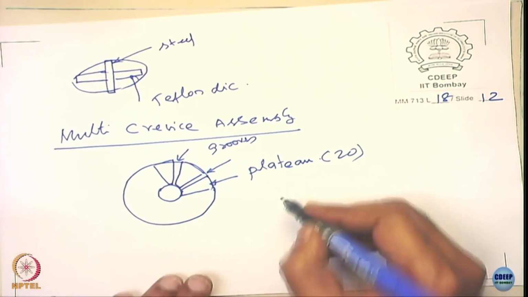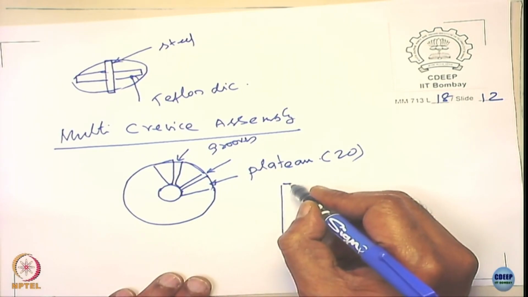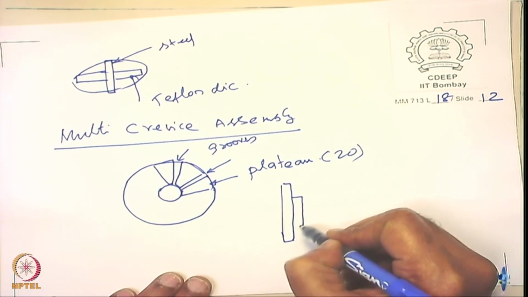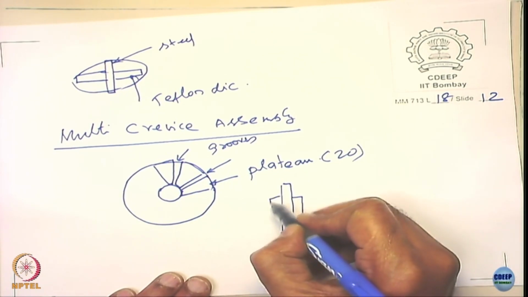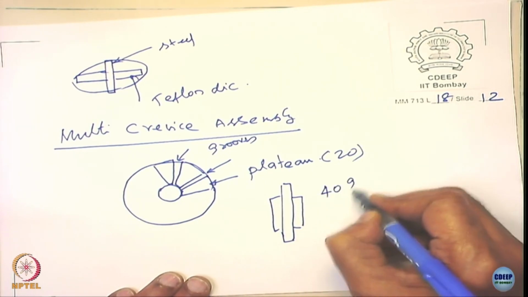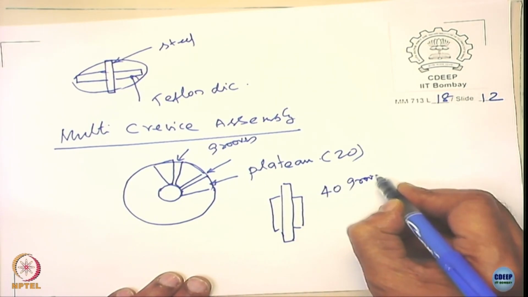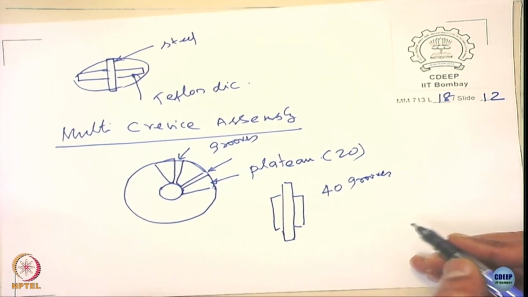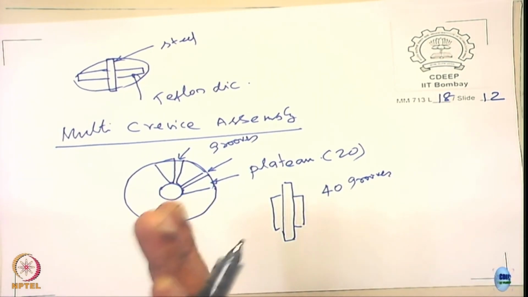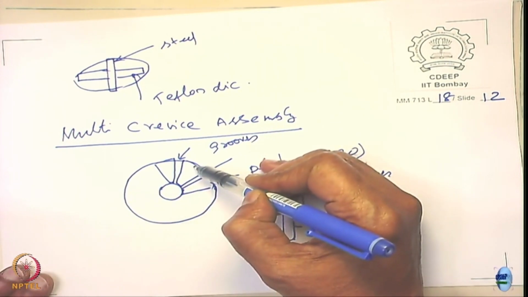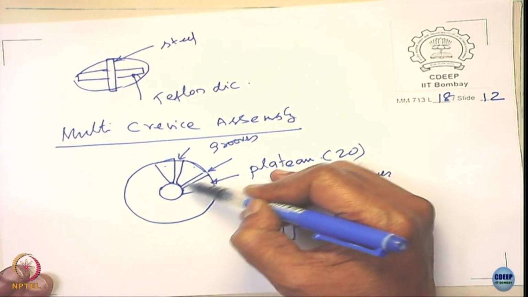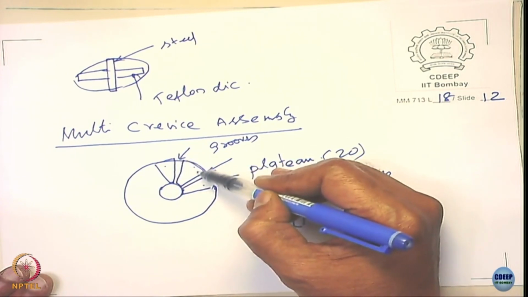And what you can do is take a sample and put one assembly here, another assembly here. So you are going to have about 40 grooves. That means about 40 crevices are formed in one single test. This is a potential crevice because the liquid can go through here.